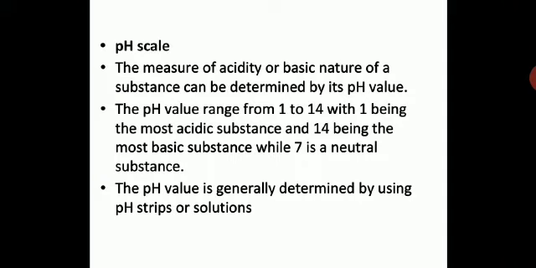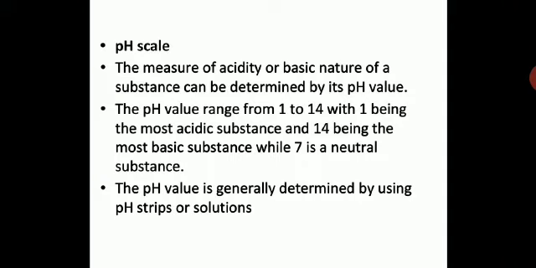From 7 going down till 1, acidic behavior will increase, and from 7 to 14, basic behavior will increase. And 14 being the most basic substance, while 7 is a neutral substance. So you take the middle value 7 as neutral. This is how the pH scale is made. Please take down these points in your notebook.